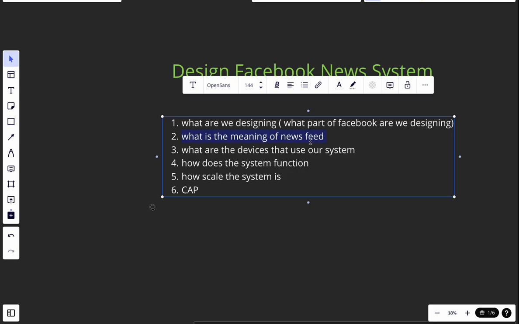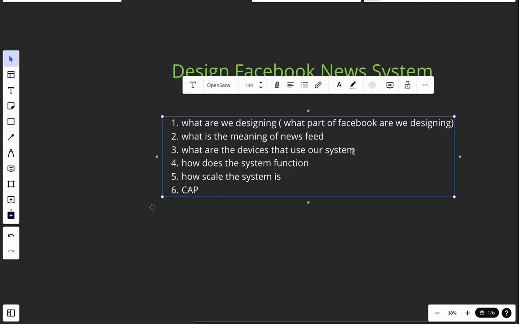Newsfeed includes status updates, photos, videos, links, app activity, and likes from people, pages, and groups that you follow on Facebook. So this is what Facebook's newsfeed is. The first two questions, we try to understand what is going on. And the third one, we start to get our hands dirty.